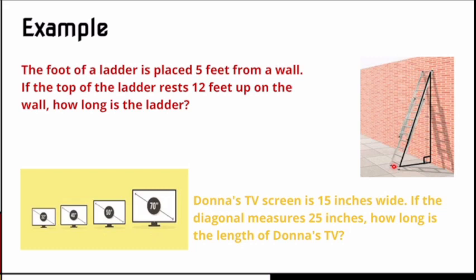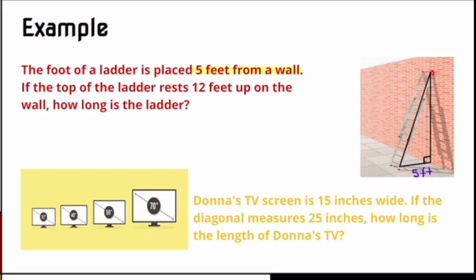So we know that the foot of the ladder, the bottom of the ladder, is placed 5 feet from the wall, okay? The wall is obviously right there. So the foot of the ladder is 5 feet away from the wall, okay? Then the top of the ladder up here rests 12 feet up on the wall.